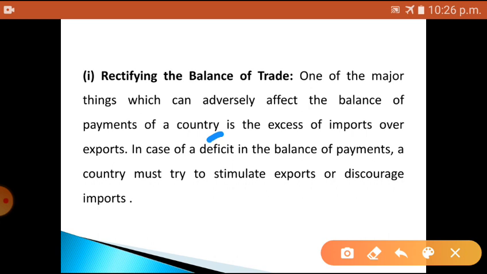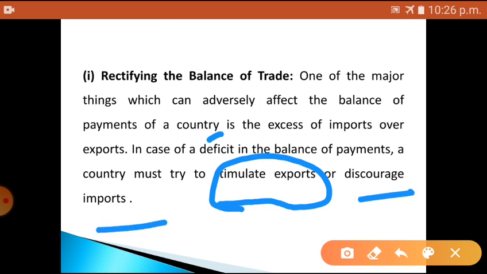In that case the government or country should motivate more exports and discourage imports. If that happens, we can correct our BOP.